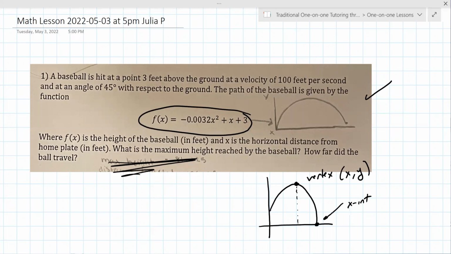They'll ask you some question where you have to say, oh, I need the x-intercept. But if you could forget about all the question, the words and all that, if you're given a parabola, there's really only two things that you ever care about. It's the x-intercepts, which there could be another one, and the vertex. Those are the most important features of that.